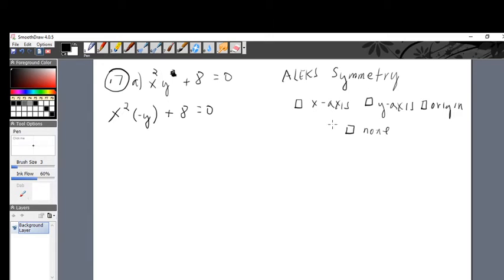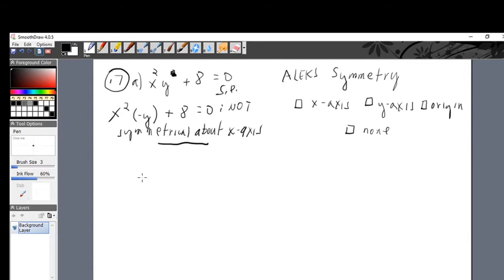It's not symmetrical about the x-axis. Leave this box alone. So what we conclude here on scrap paper is that it is not symmetrical about the x-axis, and therefore you leave that box alone.